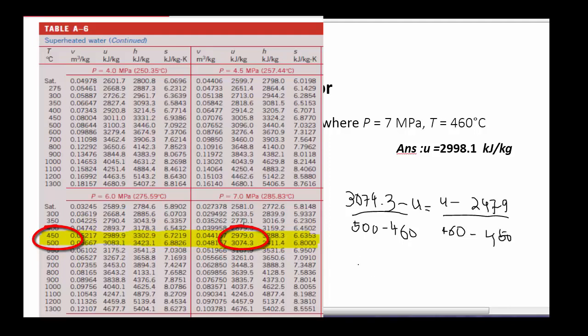Do some algebra and you will get U equal to 2999.81. This is how you solve it.